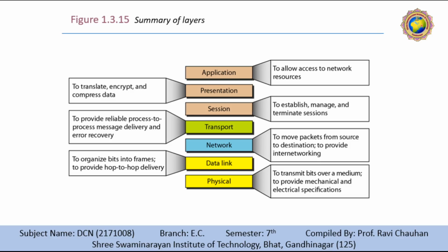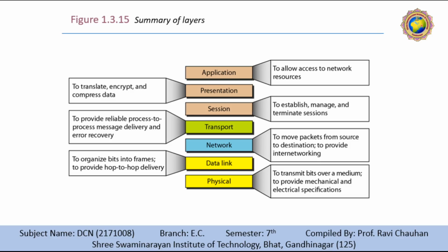Data link layer, it is used to organize bits into frames and to provide hop-to-hop delivery. Network layer, it is used to move packets from source to the destination and to provide internetworking. Transport layer, it is used to provide a reliable process-to-process message delivery and error recovery.